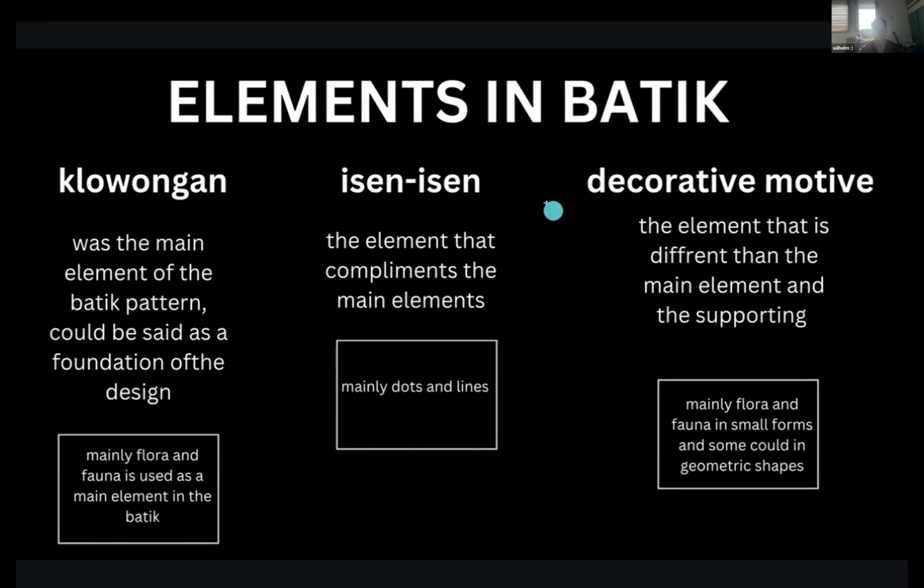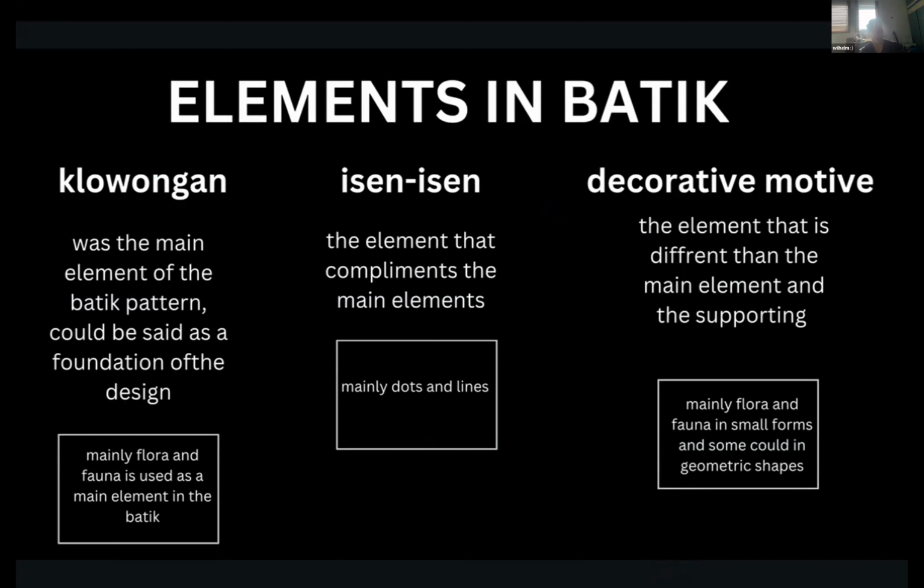In batik there are three elements: Klawangan, Isen, and decorative motif. Klawangan is the main element, the main character and foundation of the batik design, mainly from flowers and animals.